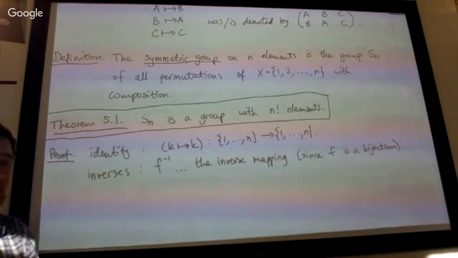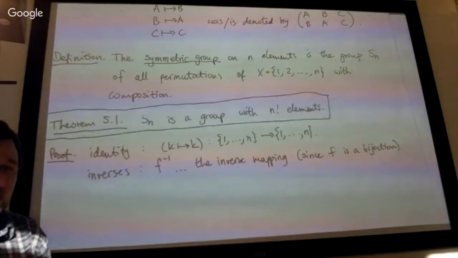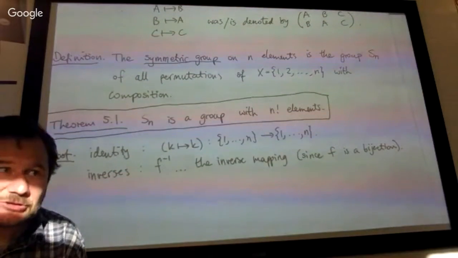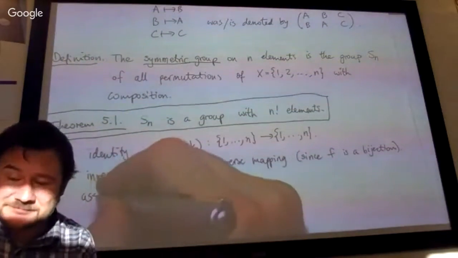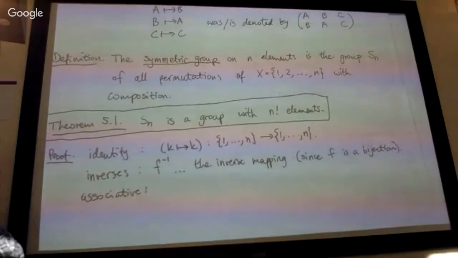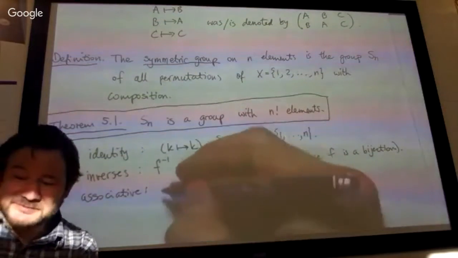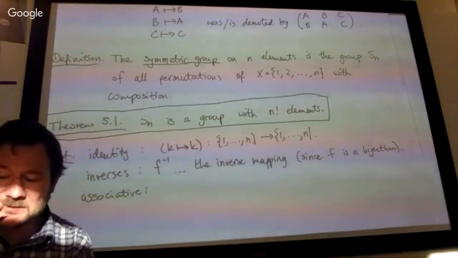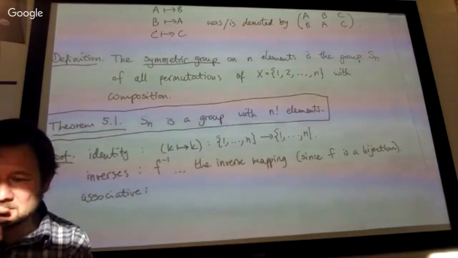And then we need associativity of composition. Is that obvious? Somewhat. Okay, what does that mean?